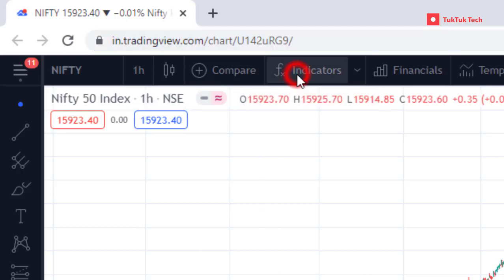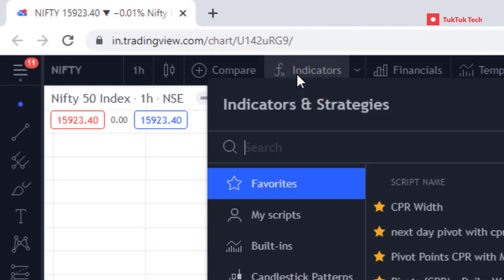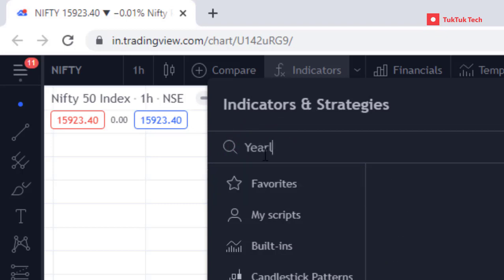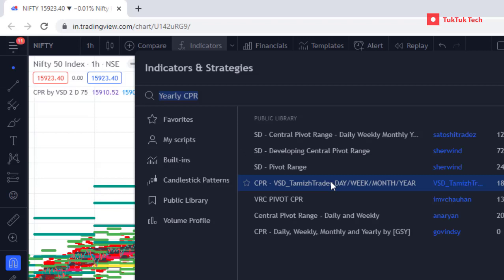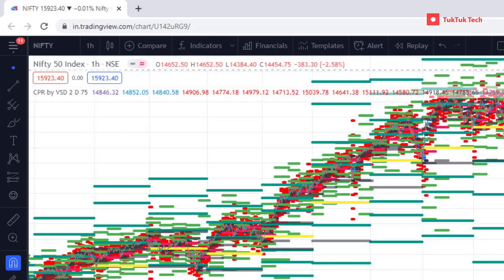Click on the Indicators tab from the list and search Yearly CPR. Select CPR by VSD from the list. Your chart will look like this.